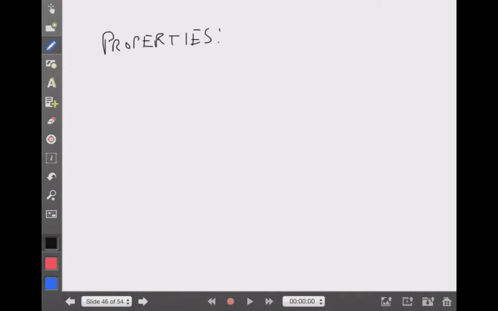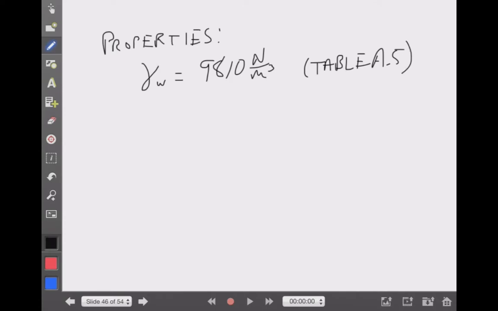One of them is the gamma of water, which is going to equal 9810 newtons per meter cubed, and this is coming from table 8.5 in the book.